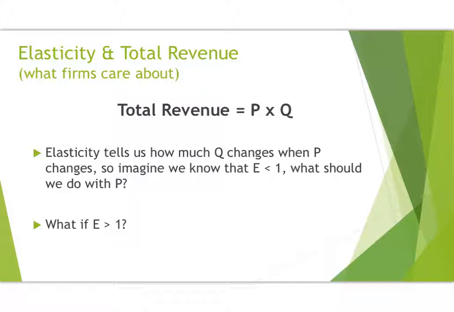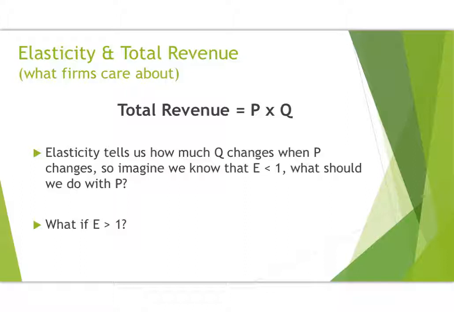In this case, we're less than 1, so demand is inelastic. Inelastic means the quantity demanded does not change very much when price changes. To go super extreme, maybe quantity doesn't change at all when price changes. If you're going to sell the same quantity regardless of the price you charge, it becomes obvious that you want to raise price.